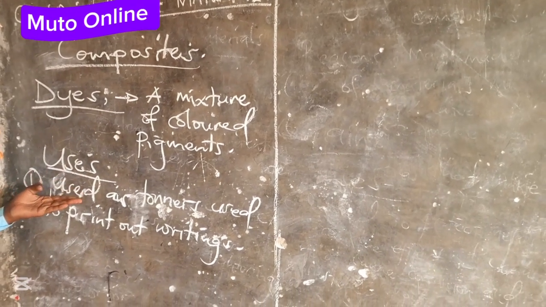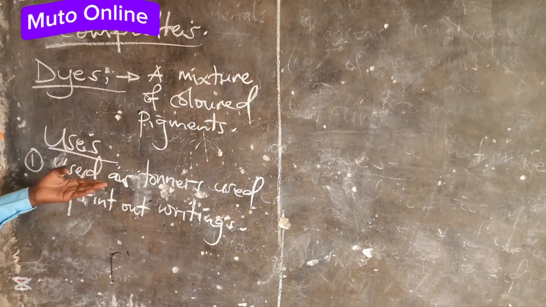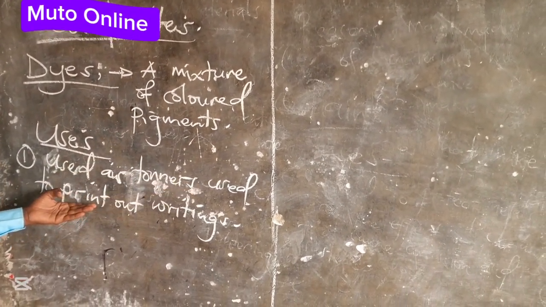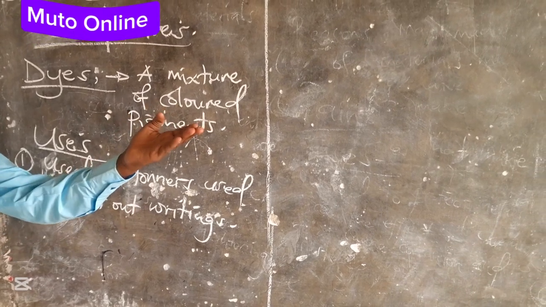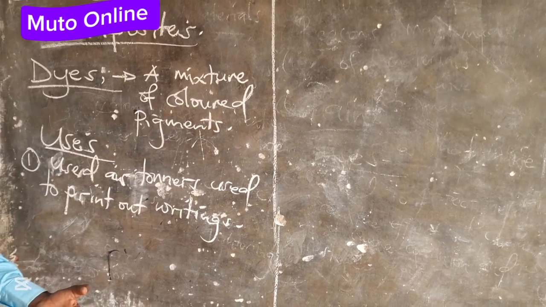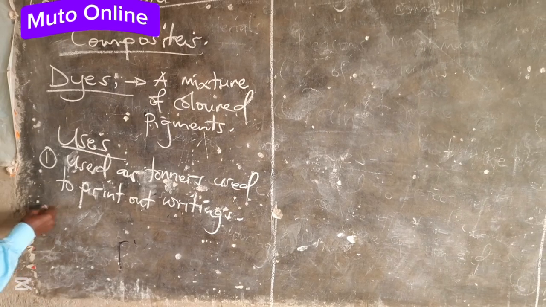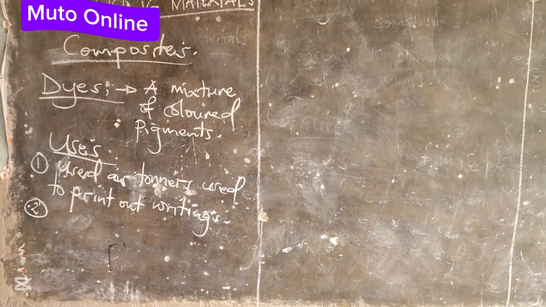They are the dyes we use. They are the dyes of different colors we use to print this work from soft copy to hard copies on paper.